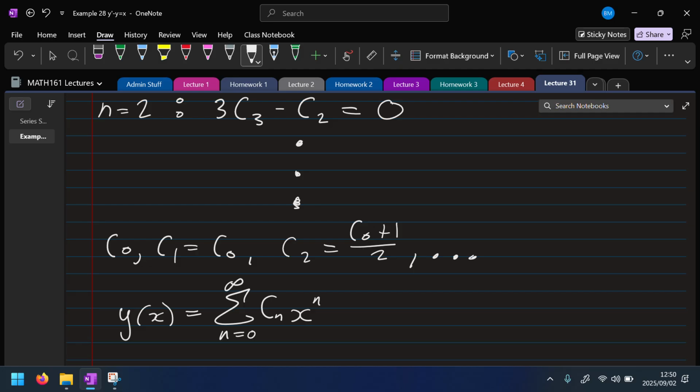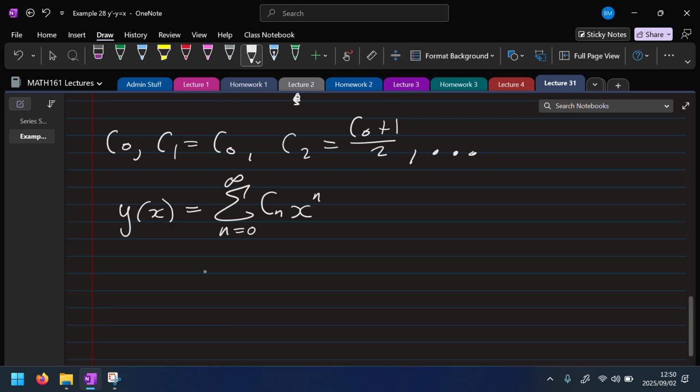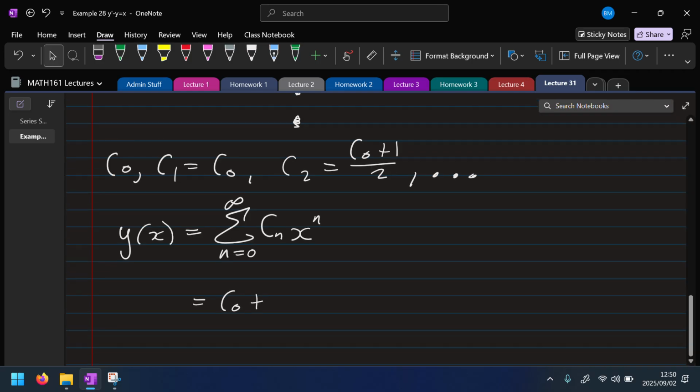Okay, and then we just substitute what we have there. So this is going to be equal to c0 plus, and then c1 is also c0, plus, and then you can add in the rest.